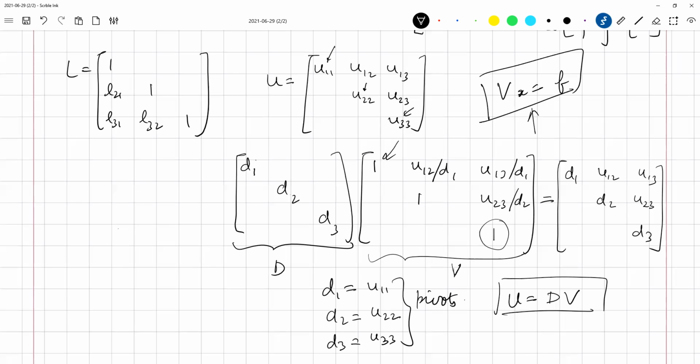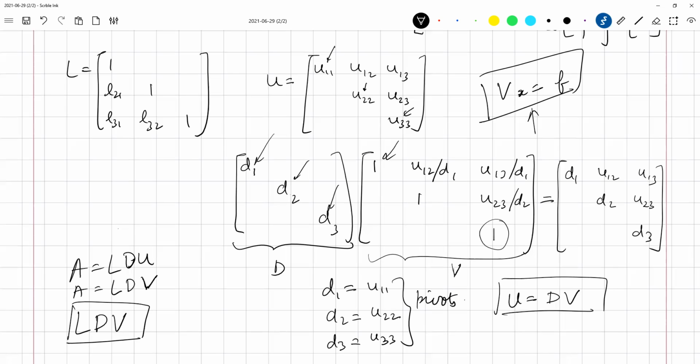Okay, so please understand that the D1, D2, D3 is straightforward. You just have to put the diagonal values over here. But anyway, this is another decomposition that you can do. This is called the LDV decomposition, sometimes also called LDU. Okay, so A is equal to LDU or A is equal to LDV.